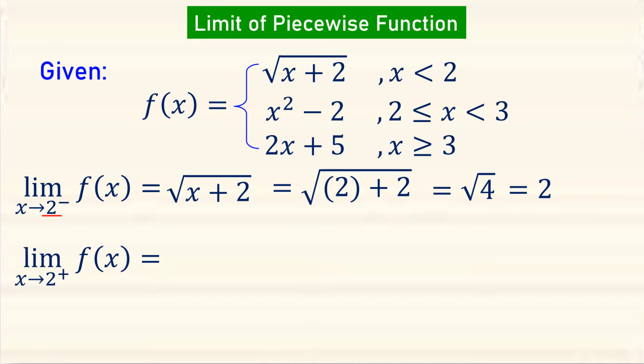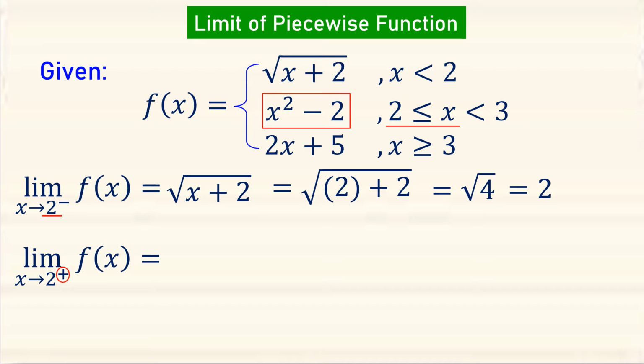Now, let us find the limit of the function f(x) as x approaches 2 from the right. So in here, we are going to consider the direction from the right, or positive, so we are going to take a look at x greater than or equal to 2.